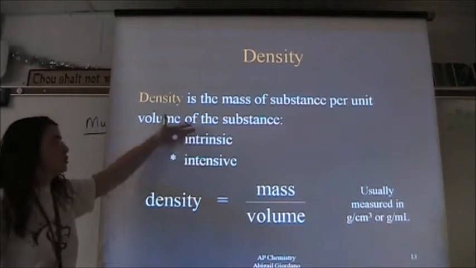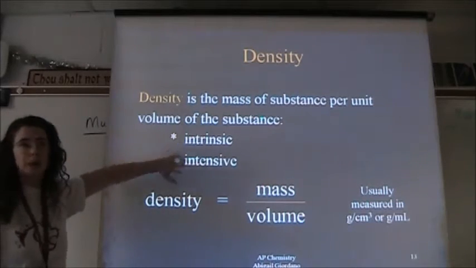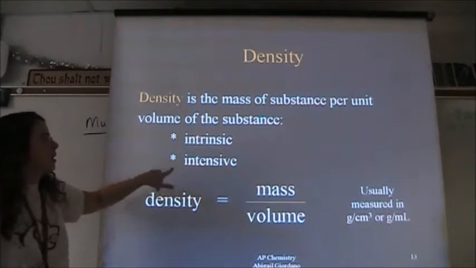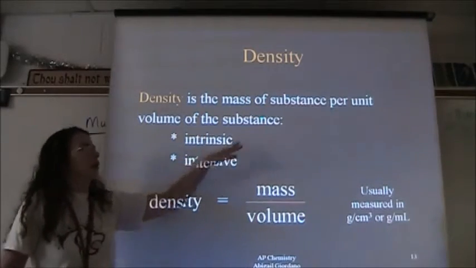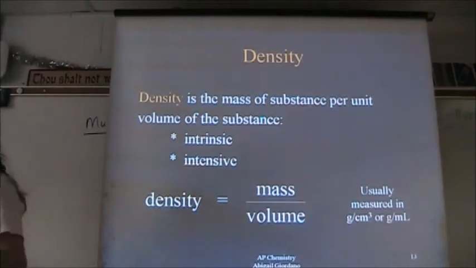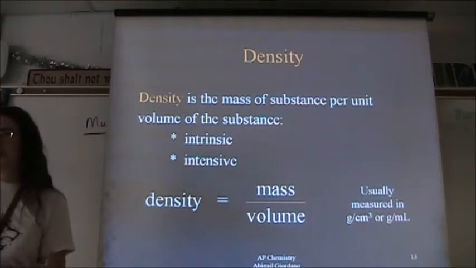Okay. These are two words that you see a lot when you're talking about density. Let's go in order. Okay, intrinsic, good SAT word. Does anybody know what that means? Intrinsic. Okay, I'll give you a good synonym. Unique is a good synonym. Intrinsic means unique to that substance.